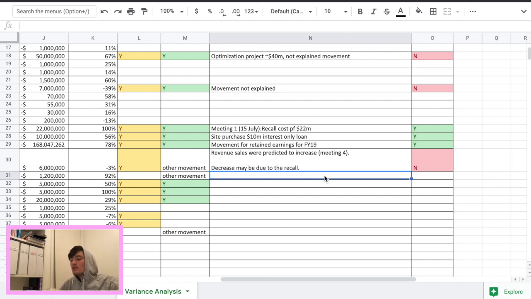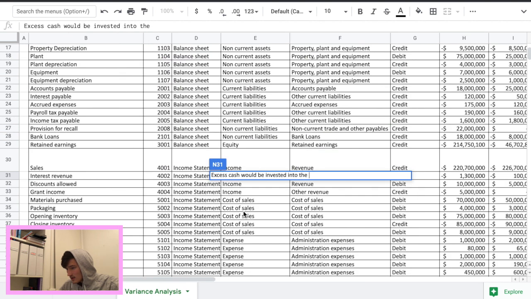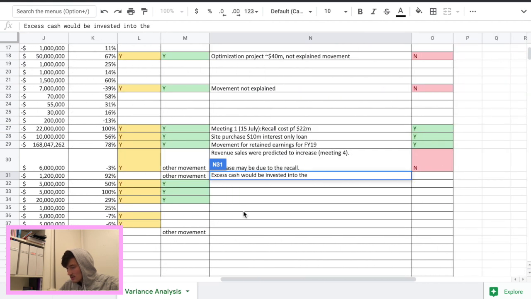By the way, in your notes, you might want to be a little bit more in depth in reality, but I'm just doing it quickly for the sake of time. Excess cash. Interest. So this is the interest from the term deposit with excess cash.